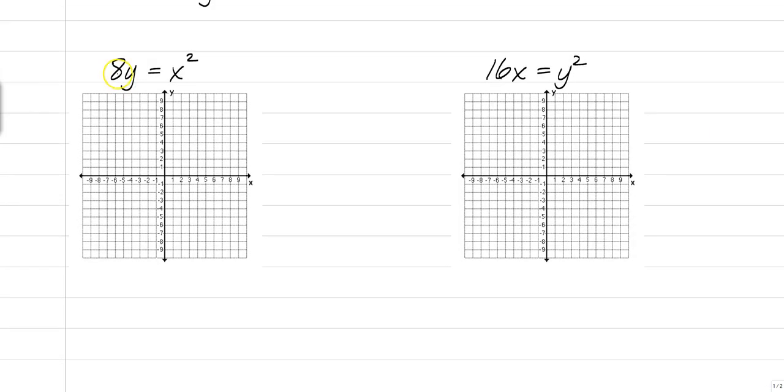So this is a positive value, x is squared, this graph is going to open up. So the first thing we're going to do is plot our vertex. Since there's nothing after the y or the x, the vertex is going to be at the origin. Both of these that we're starting with are going to have a vertex at the origin. And we're just going to sketch a parabola that opens up.